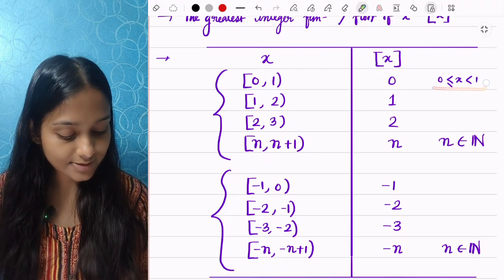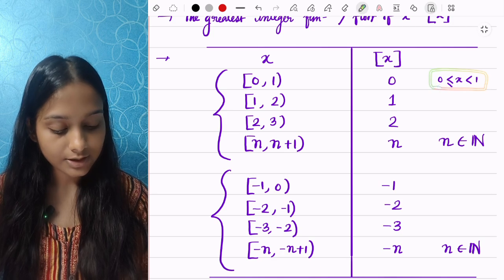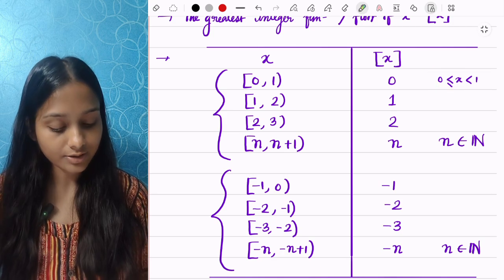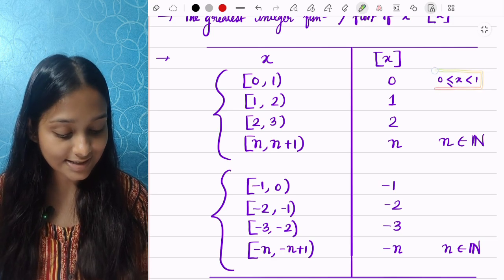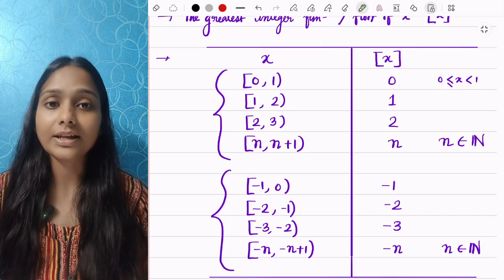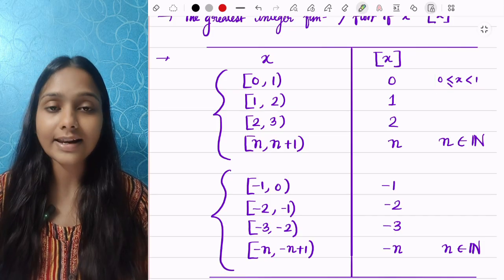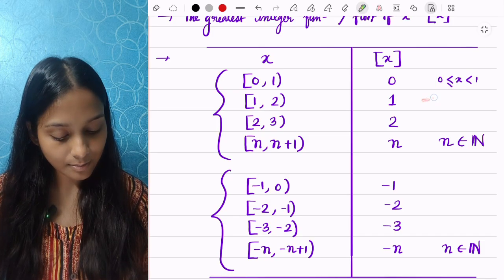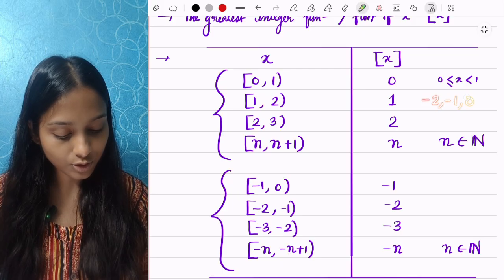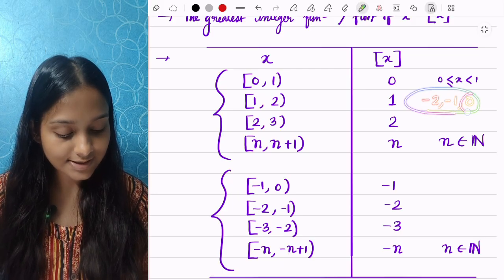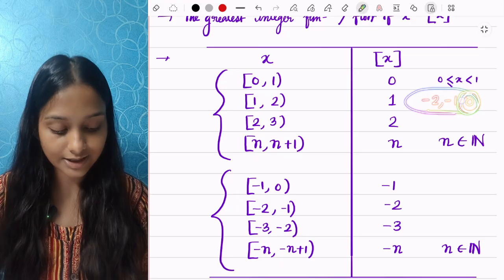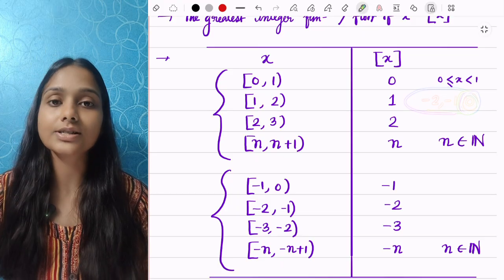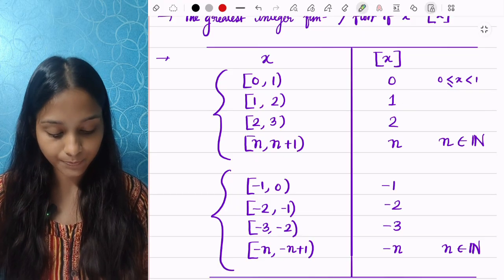For this part, if x lies in this part, there are many integers that are less than x, like -2, -1, 0, but among these 0 is the highest integer. So this function is called the greatest integer function.